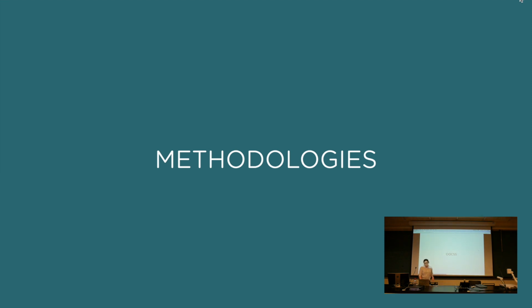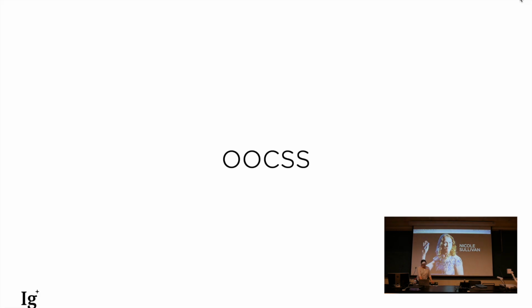The first methodology in CSS which was quite publicly adopted was object-oriented CSS. It was made by Nicole Sullivan. I will share names with you on purpose, because front-end development is a quickly evolving industry, and there is even a joke that every 2 weeks we have a new framework or new technology.